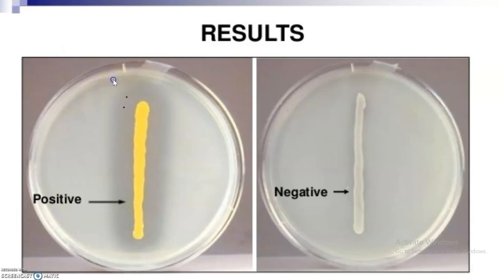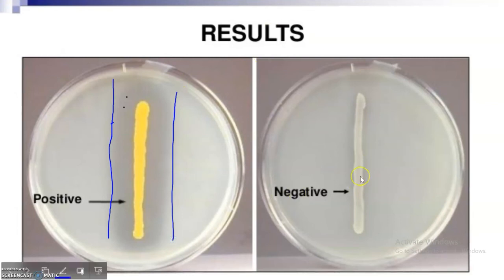So this is the agar test plate after incubation. Here you see a clear zone around the growth area, and here you see no clear zone around the growth area.